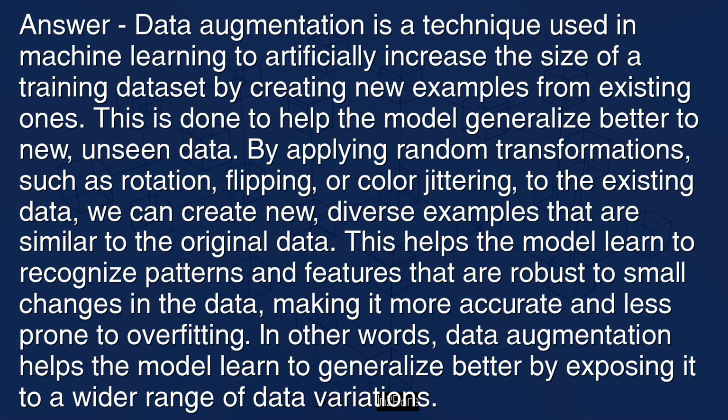By applying random transformations, such as rotation, flipping, or color jittering, to the existing data, we can create new, diverse examples that are similar to the original data. This helps the model learn to recognize patterns and features that are robust to small changes in the data, making it more accurate and less prone to overfitting. In other words, data augmentation helps the model learn to generalize better by exposing it to a wider range of data variations.